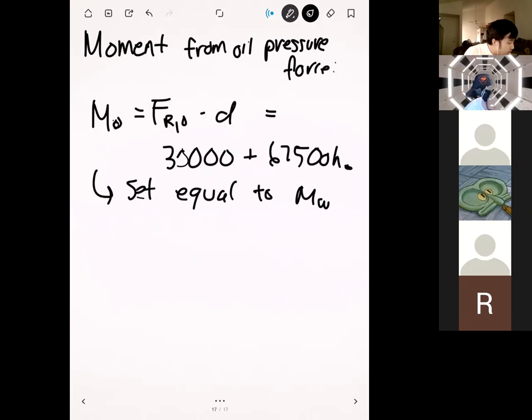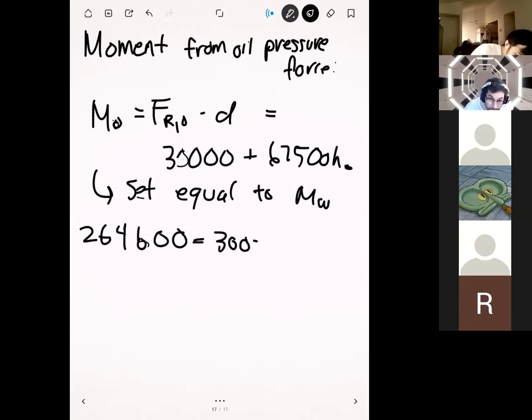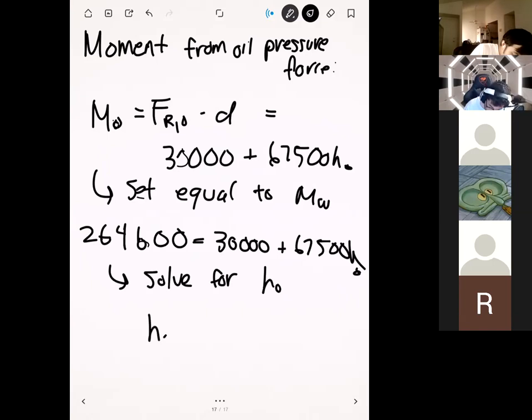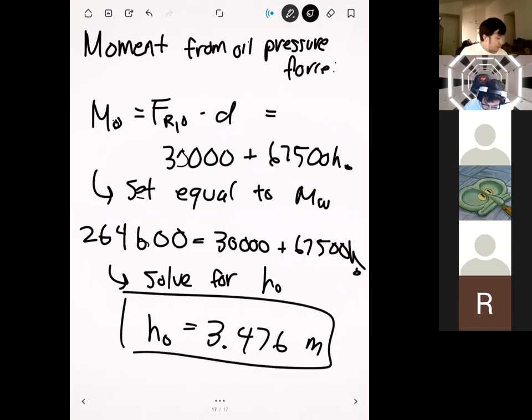Now that we have the moment on this side, we can set it equal to the moment from the water side, which we computed before. So 264,600 equals 30,000 plus 67,500 HO. Solve for HO, and we get HO equal to 3.476 meters.